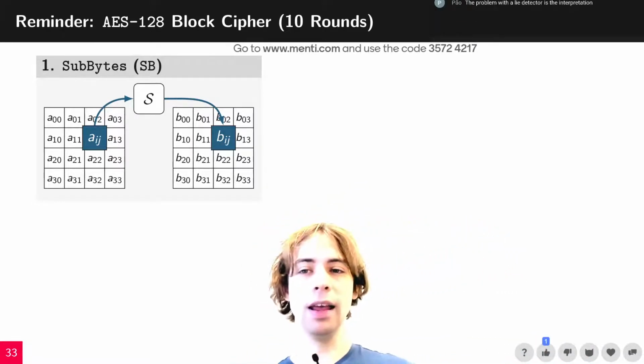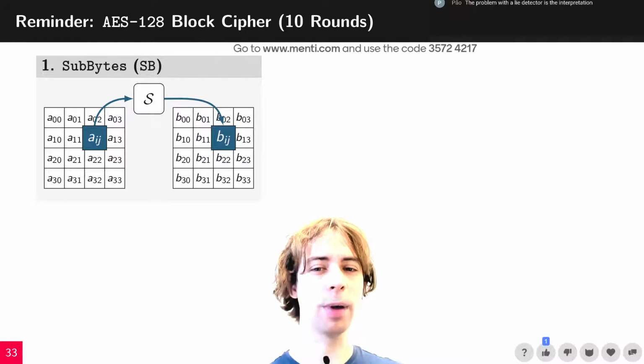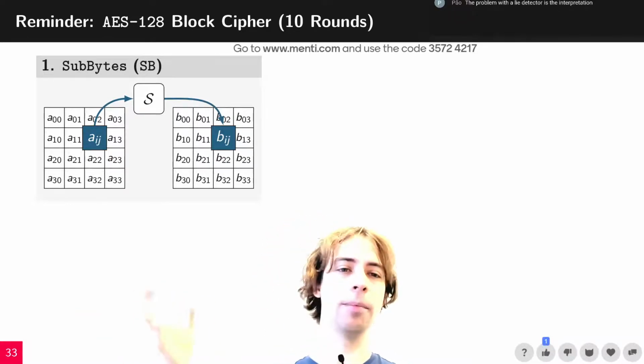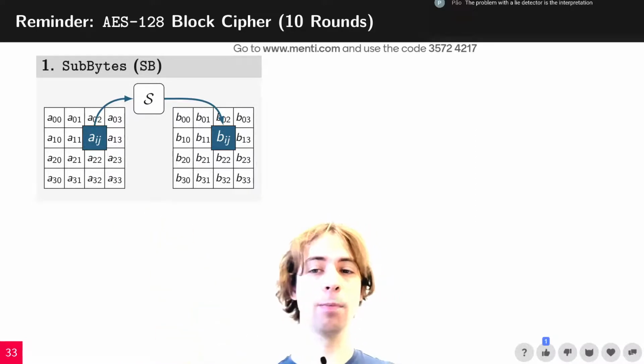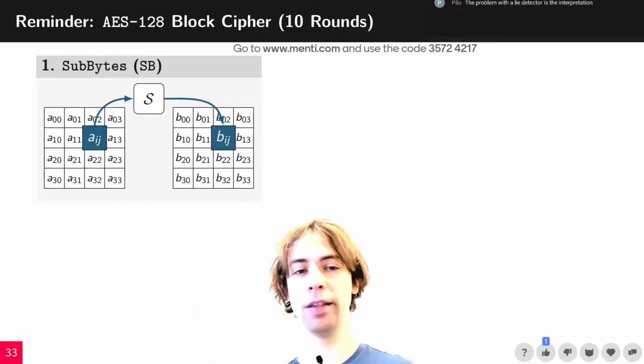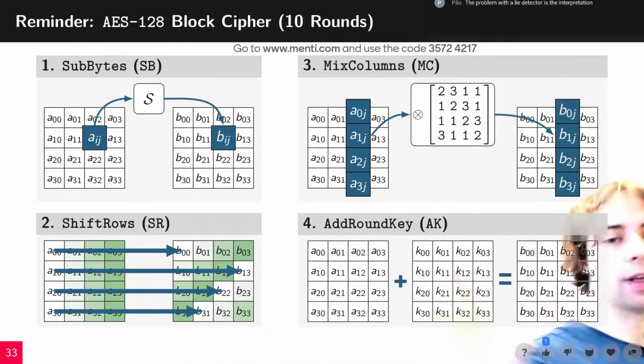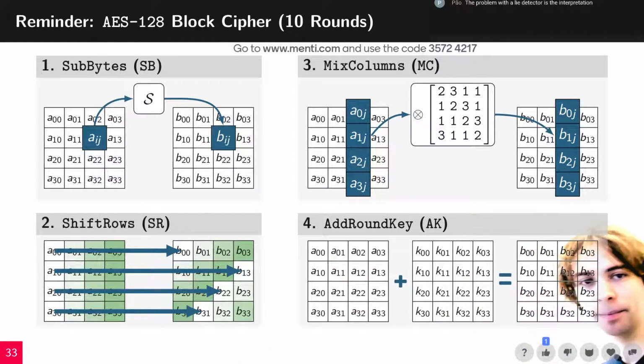If we think about AES, you should have already heard about that in the crypto lectures. We have 4 steps in AES. We have the SBox lookup, the sub-byte step, then shift rows, then mix columns, and then we have the add round key step at the end.